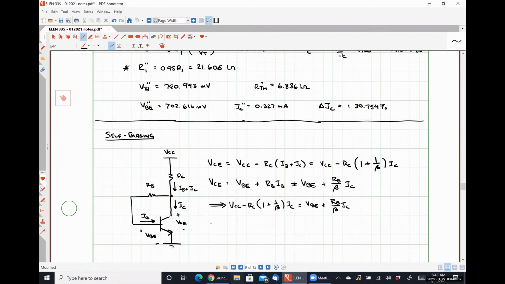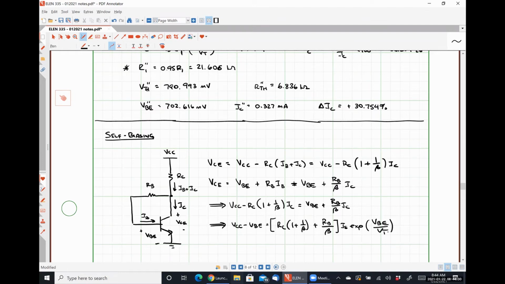And I'm going to just rearrange things a little bit to, in my opinion, make it prettier. VCC minus VBE is equal to RC times 1 plus 1 over beta plus RB over beta, times IS EXP VBE over VT.